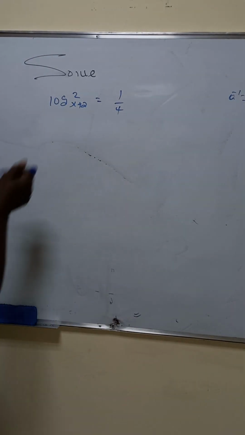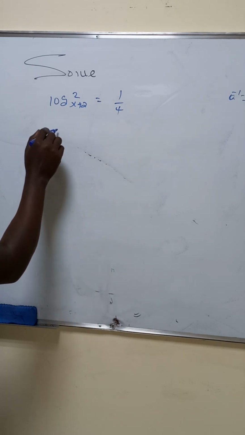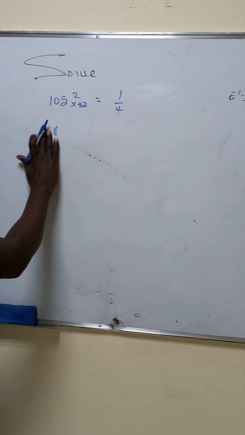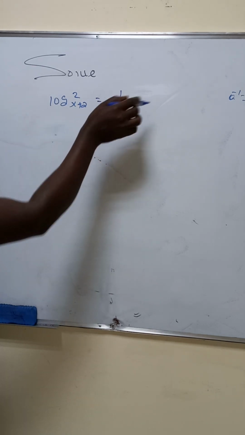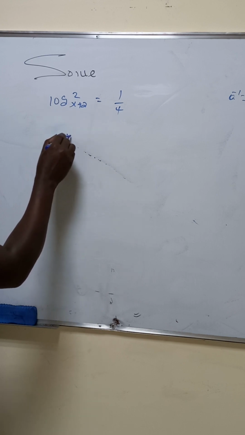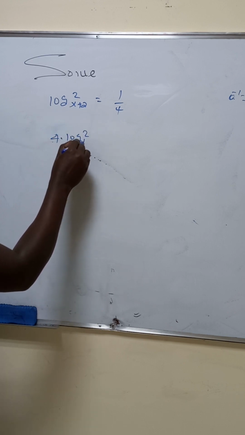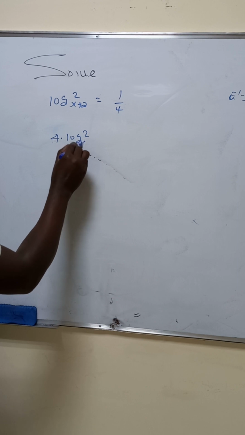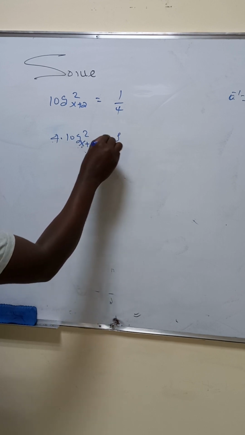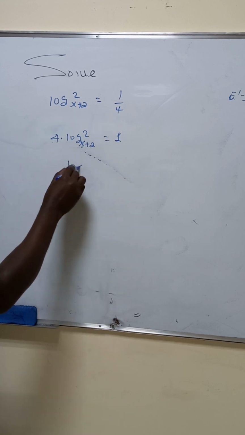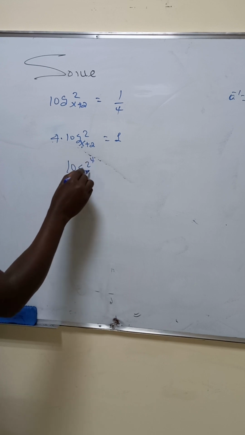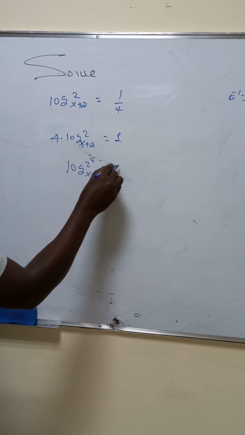When a is positive, we can multiply both sides by 4. Times the logarithm of 2 to the base x plus 2, which is 1, gives the logarithm of 2 raised to 4, to the base x plus 2, and that's going to be 1.